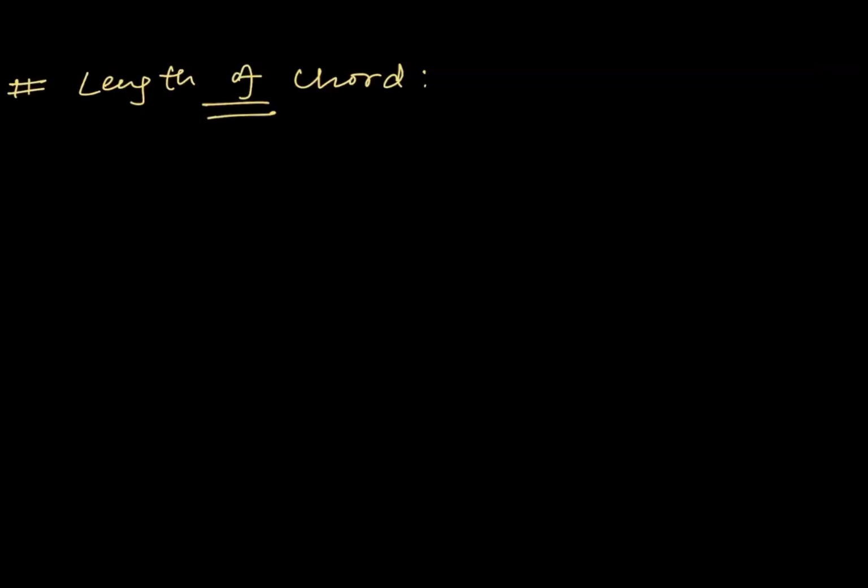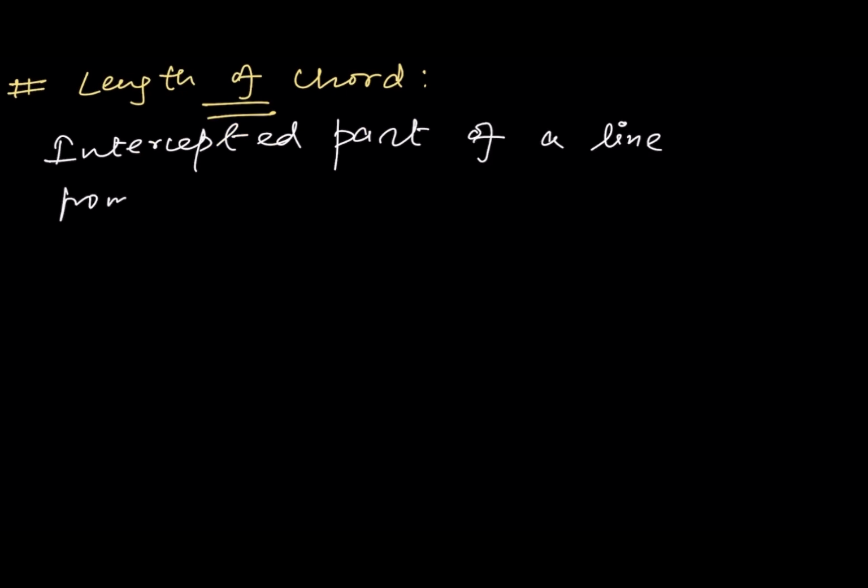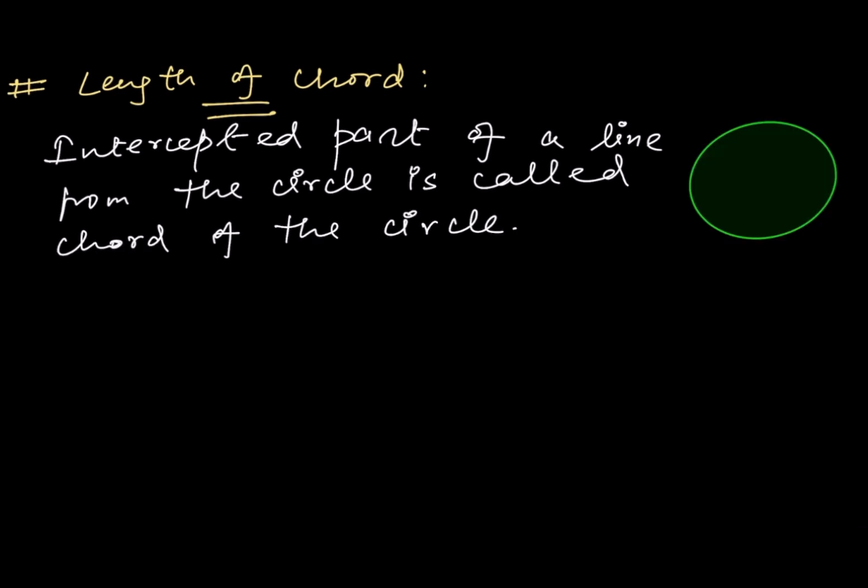Now let's come to the next topic, which is length of chord. In this we will write: the intercepted part of a line from the circle is called the chord of the circle. As we can see, this AB is the intercepted part of this line from the circle.